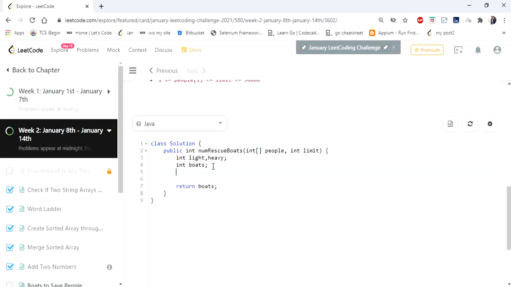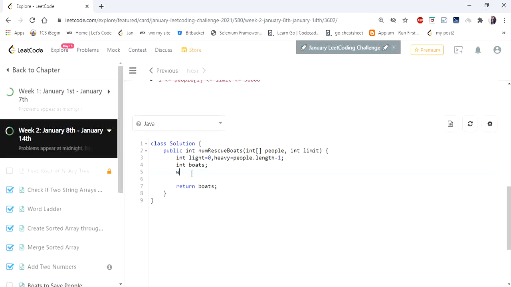Now light is going to point to the lighter person, the person at the 0th position, and heavy is going to point to the heavier person, the person at the last position of the array. Why am I putting this minus 1? Because the array is indexed from 0 to n minus 1.